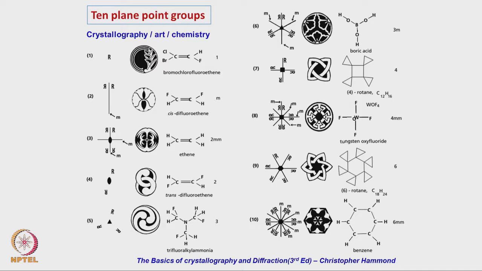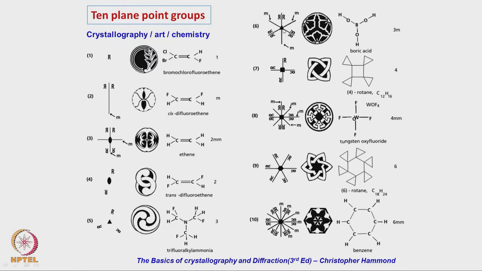So these sorts of motifs themselves could be used to keep on a point. These are all motifs around a point, that is, around some axis, and these are all the rotational symmetries which are possible.